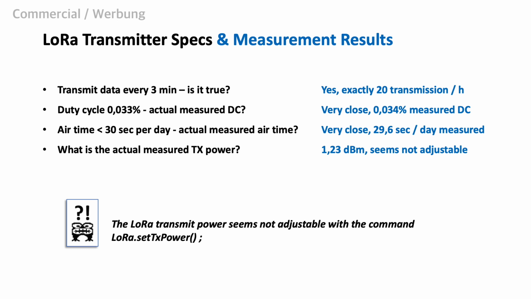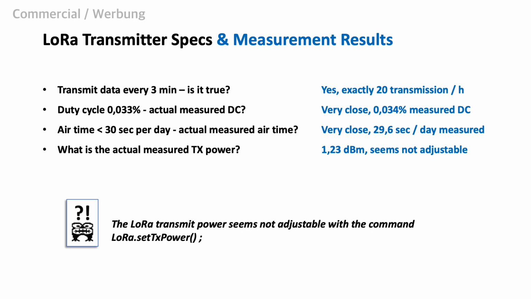Now, let us see where we stand with our measurements compared to the specifications that we defined. The data transmit period, the duty cycle and the airtime are really close to our specifications. Very nice. The measurement for the transmit power says 1.23 dBm.